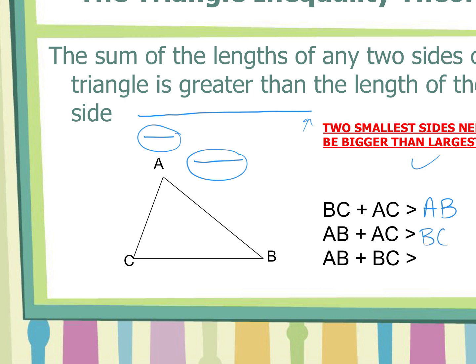And then if we added AB and BC, that would need to be larger than CA or AC, okay? All three of these inequalities must be true in order for the triangle inequality theorem to be satisfied, okay? And the triangle inequality theorem is satisfied as long as you're able to draw a triangle. So any triangle has to satisfy these three requirements, okay?